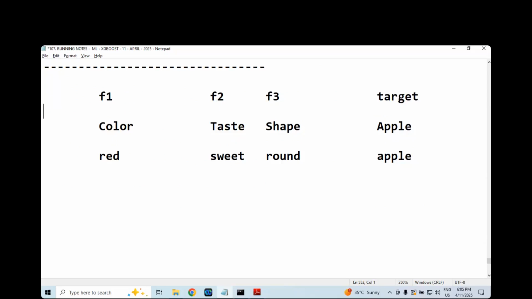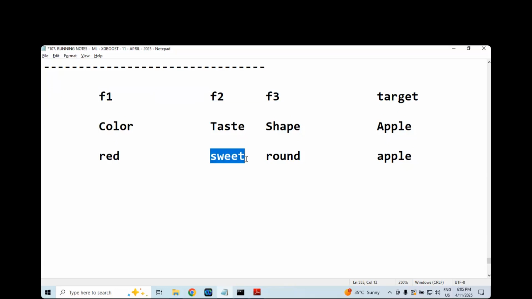Sometimes in a data set, feature one and feature two have some relation. Sometimes in another data set, feature one and feature two have no relation at all. Observe: what is the color? Red.